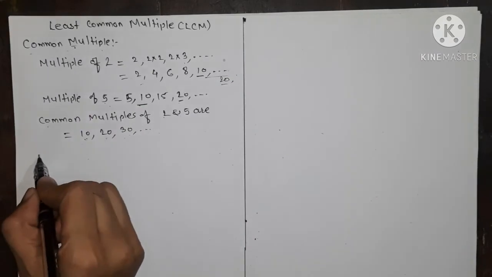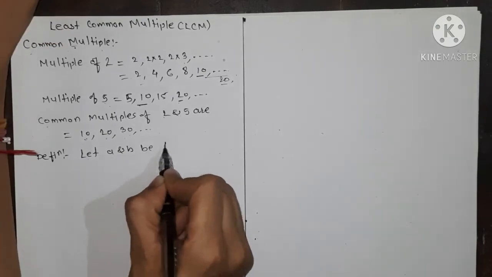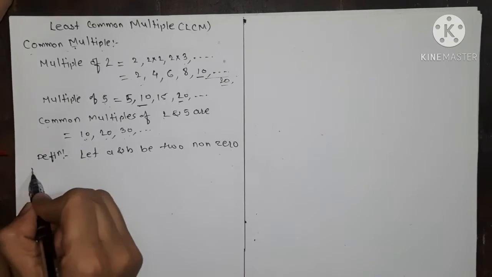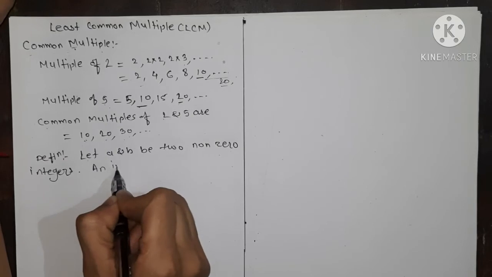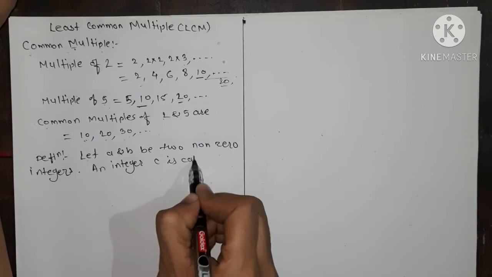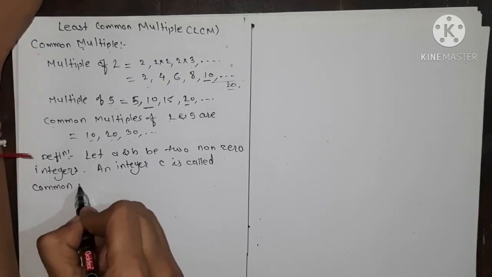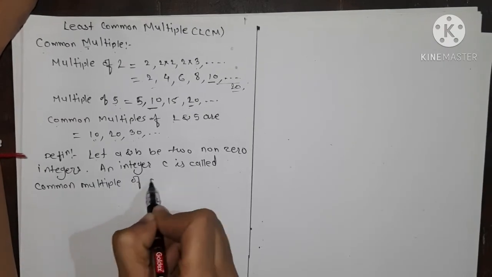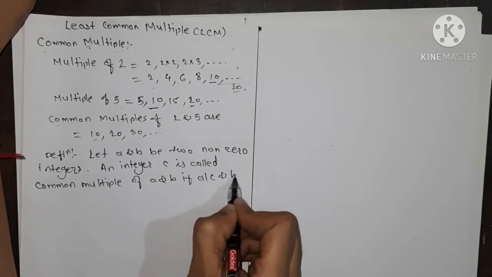Let A and B be two non-zero integers, and an integer C is called a common multiple of A and B if A divides C and B divides C.